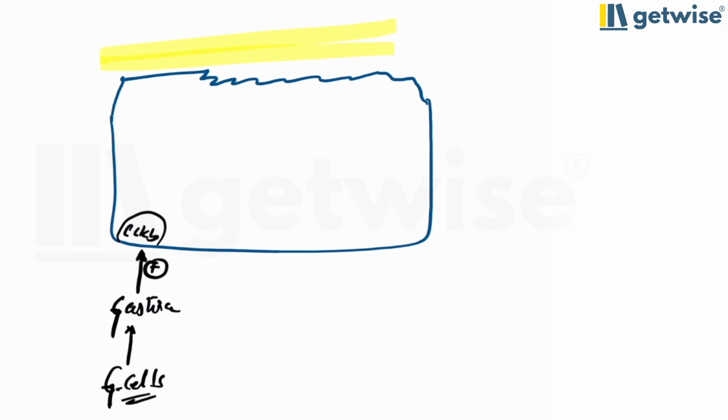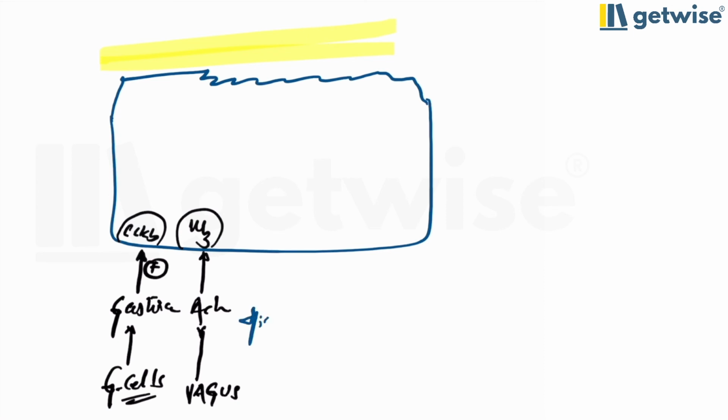One more thing: as you know, the stomach is innervated by the vagus nerve, and the vagus will secrete acetylcholine, which will act on the M3 receptor. And remember we talked about ECL cells and histamine.